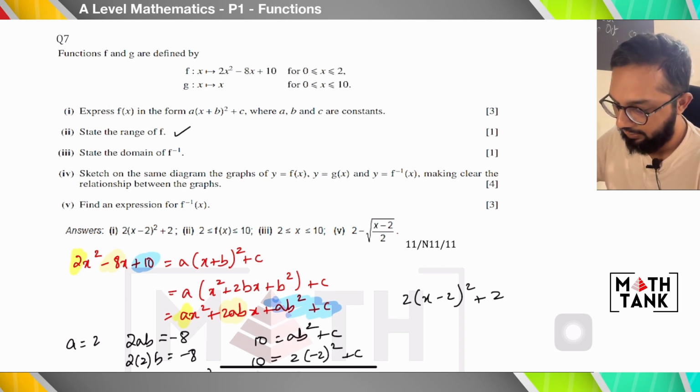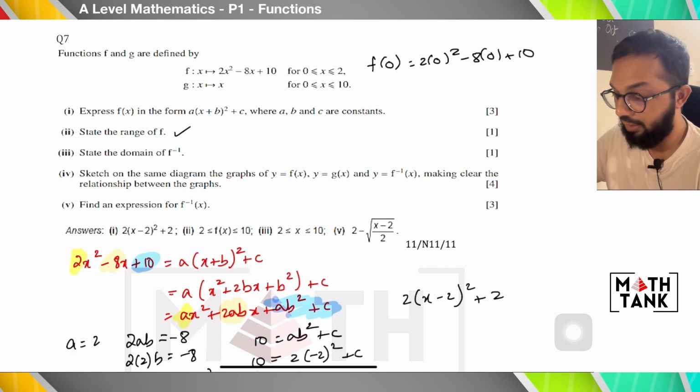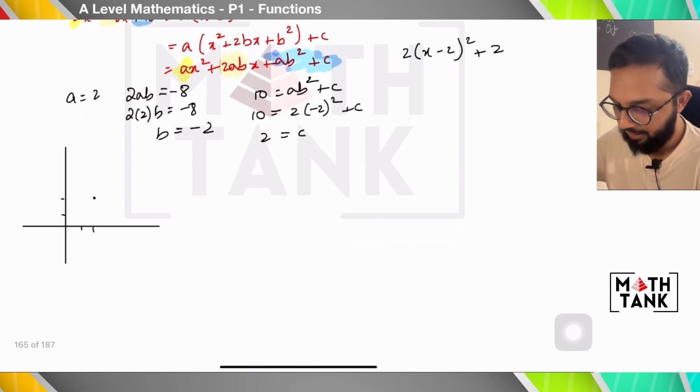So I'm going to plug in 0 and say that f of 0 equals 2 times 0 squared minus 8 times 0 plus 10. I can also see that it has to be 10 because it's the y-intercept. So let's make it a little lower and say that this is 2, 4, 6, 8, and 10. Okay, so that's the other point.